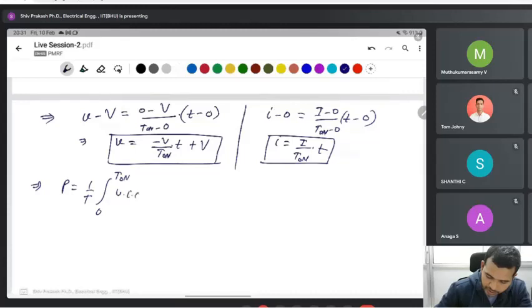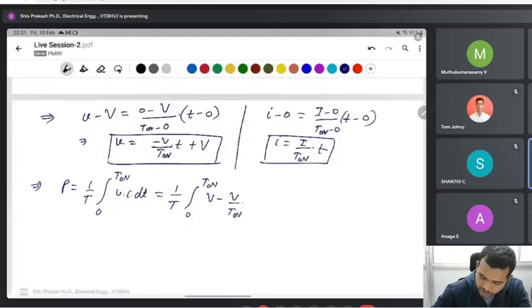We apply it for voltage. Power is 1 by T, integration from 0 to T on of V into I into dt. That is 1 by T, integration to T on. Voltage is V minus V by T on into t, and current is I divided by T on into t, into dt.